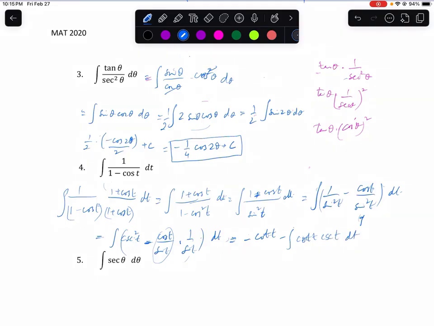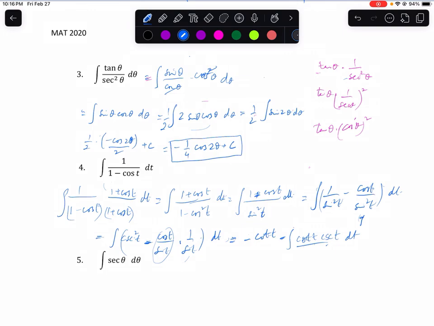But this is the derivative of negative cosecant t, so we have the negative sign here.